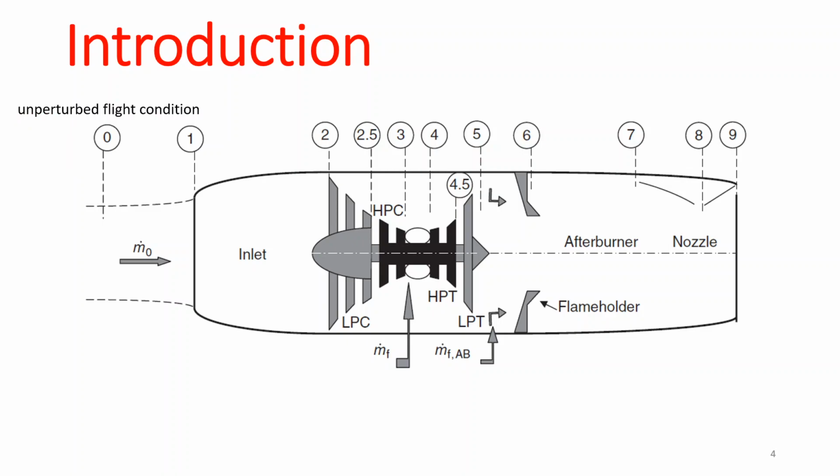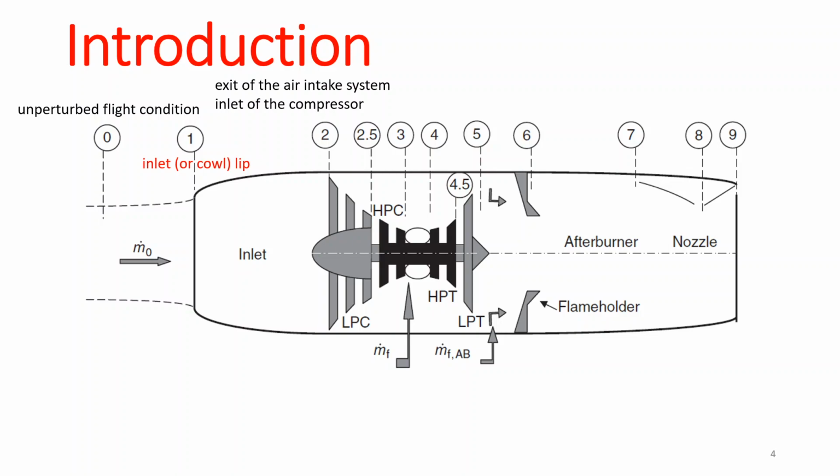Okay, the zero station is essentially unperturbed flight condition, ambient air coming to your engine. Station 1 is the inlet or cowl lip. We are going to use inlet lip in this class. Station 2 is essentially the air intake exit, or the inlet of the compressor. We have a multi-spool system here, meaning that we have two compressors and two turbines, right?